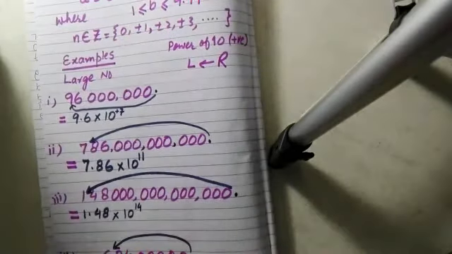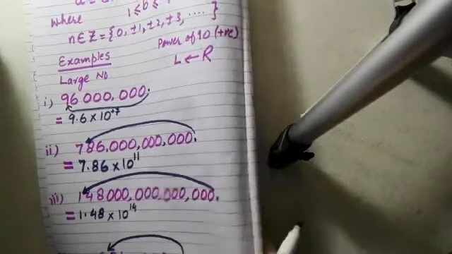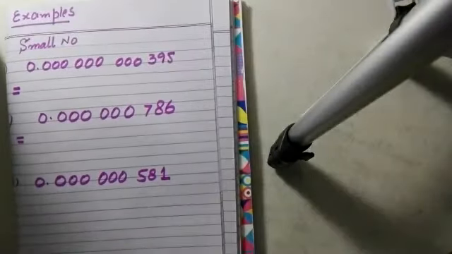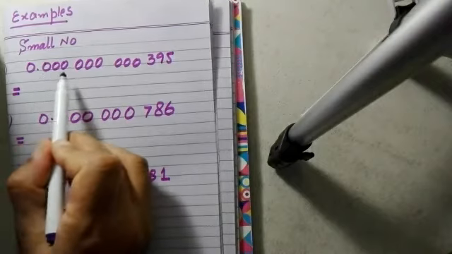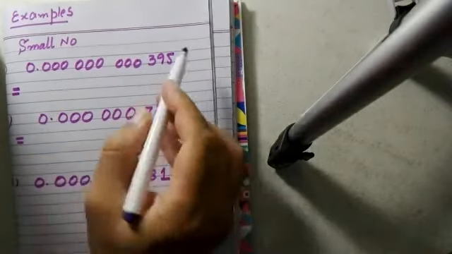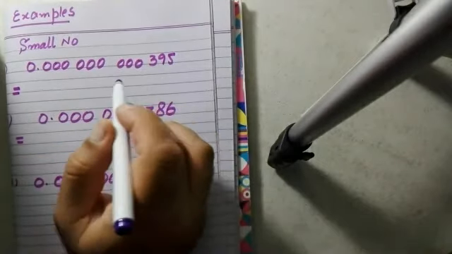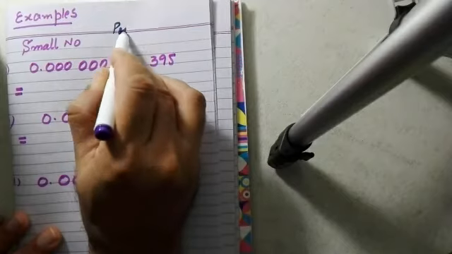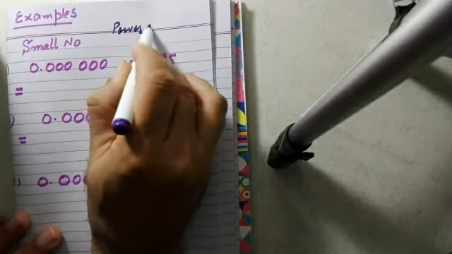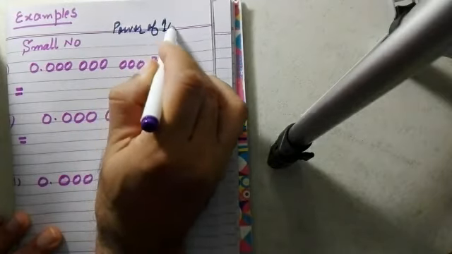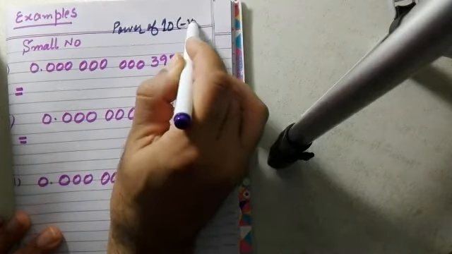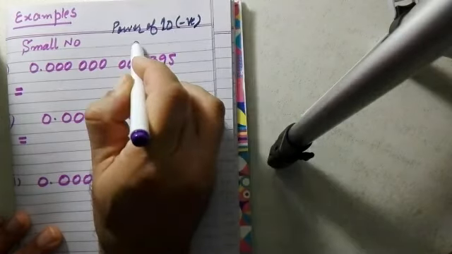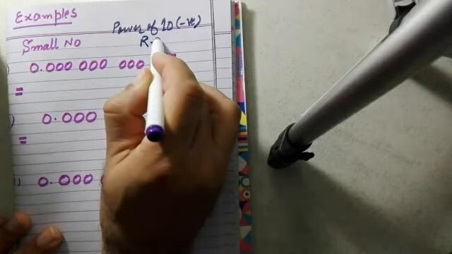Similarly, we can write extremely small numbers like 0.00000039. The rule is the same, but the power of 10 will, in this case, be negative because we are shifting the decimal from the right position towards the left.